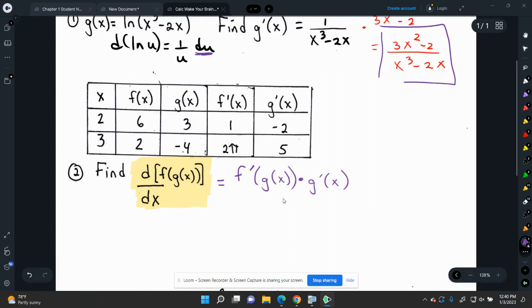Yes. Will I have like a table like that above it? Maybe. So we didn't finish yet. So it could be that they just have it like this, or we might have a table. Now we can go in and fill in the information. What am I taking f prime of? G of x. Okay.